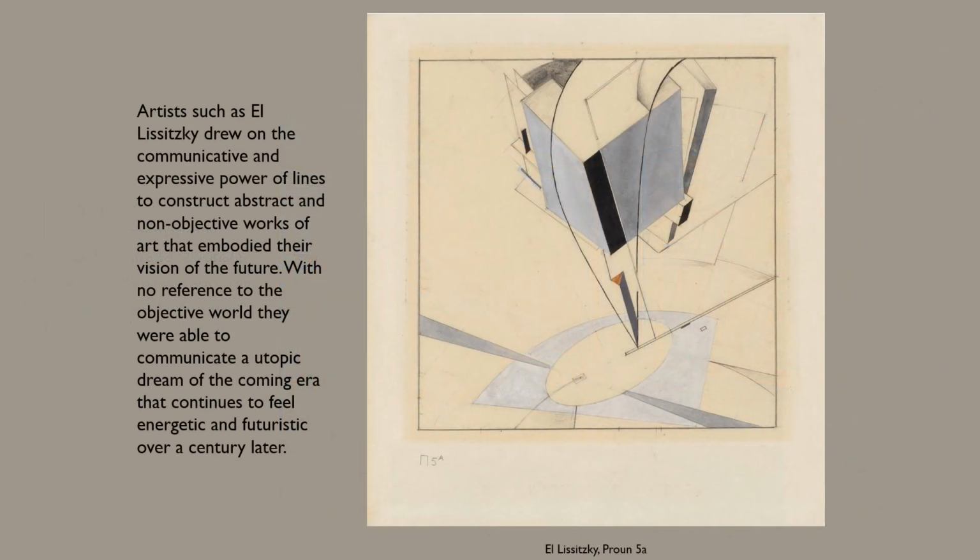Yes, all right. And this is just one of my faves. Again, I've shown you some El Lissitzky. We're going to have a couple here. But it just really blows me away that with a simple kind of architectural sketch like this, El Lissitzky and the artists in his circle, suprematism and constructivism, they draw on this expressive power of lines to create these abstract and non-objective works that embodied their vision of the future, right?